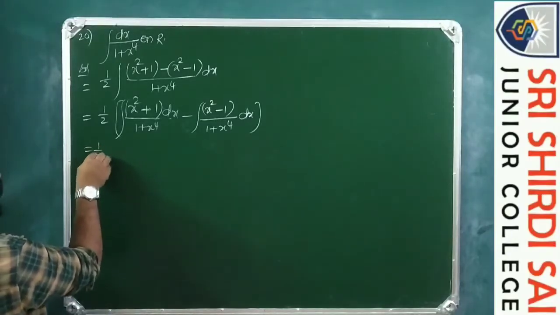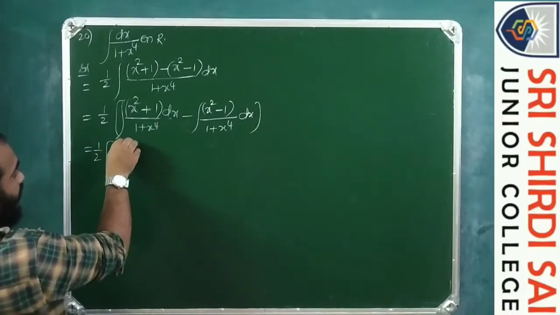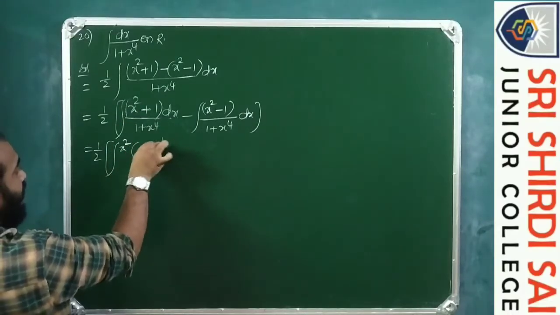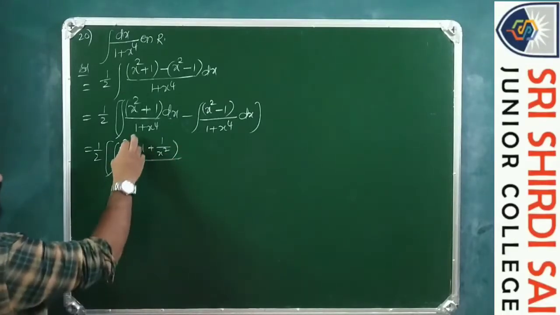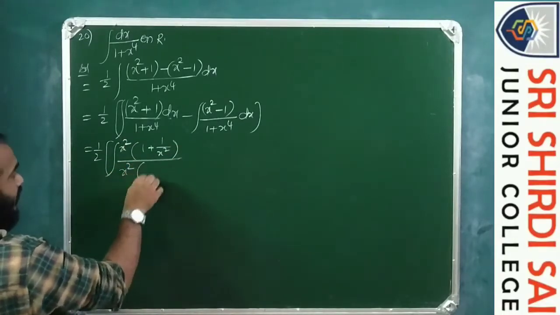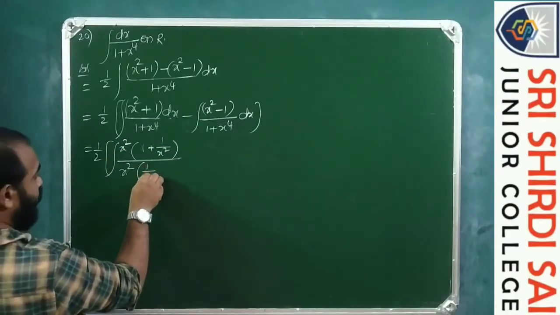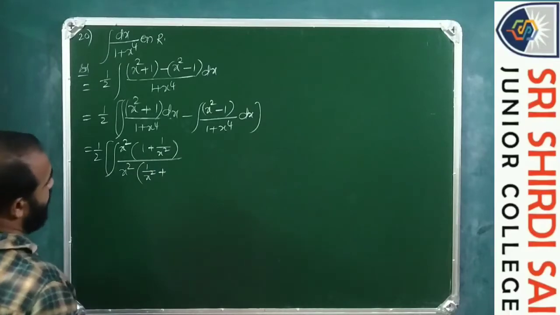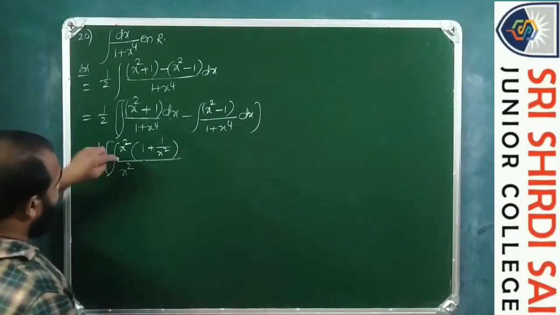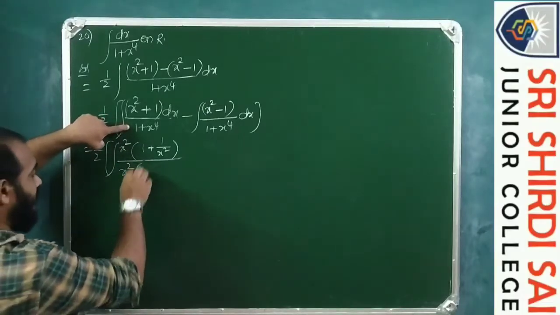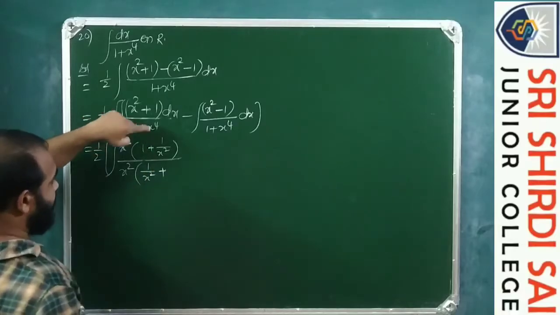So 1 by 2. Let us take x square as common here. Then we'll get 1 plus 1 by x square, and if you take x square common in the denominator, then this is 1 by x square plus x square.